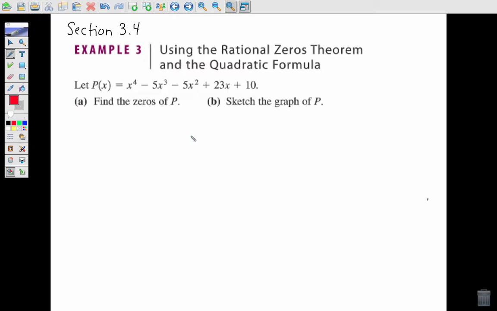So the rational zero theorem tells us to consider the constant term and the leading coefficient, which in this case is 1.